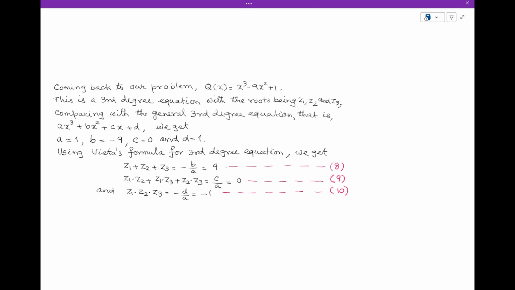Using Vieta's formula, we get g1 plus g2 plus g3 is equal to minus b by a, that is 9. Let us call it equation 8. Then g1 g2 plus g1 g3 plus g2 g3 is equal to c by a, which is equal to 0. Let us call it equation 9, and g1 g2 g3 is equal to minus d by a, which is minus 1. Let us call it equation 10.